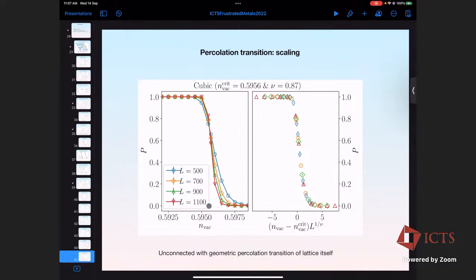And I should emphasize these dilutions are all small compared to the dilution needed to break up the whole lattice. So this is deep in the percolated phase of the geometric system itself, of the lattice. So the lattice is not having a percolation transition. The R-type regions are, so the monomers are, because the R-type regions are bags inside which monomers live. So that's the basic conclusion from this study.